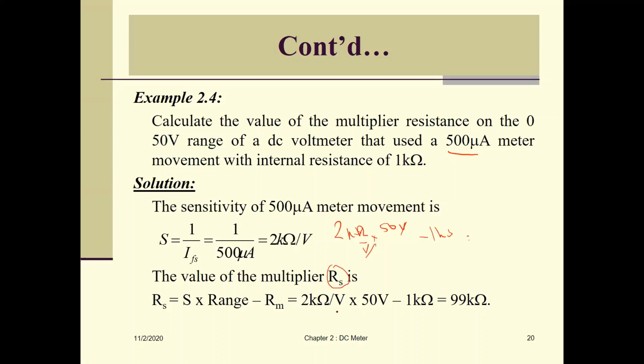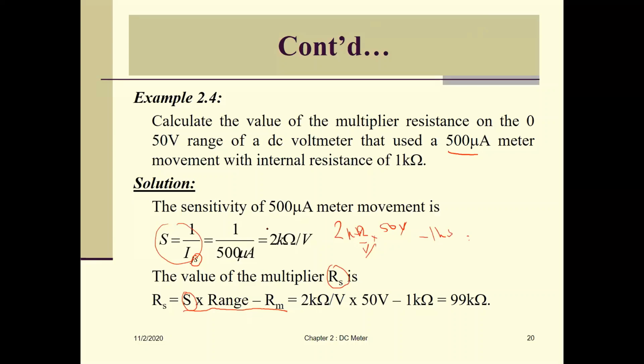We call RS the multiplier resistor. Normally we will be given the formula, but you have to know how to calculate the sensitivity first. Sensitivity is 1 over the full scale current. For example, here they said it uses 500 microampere, and that is the full scale current.